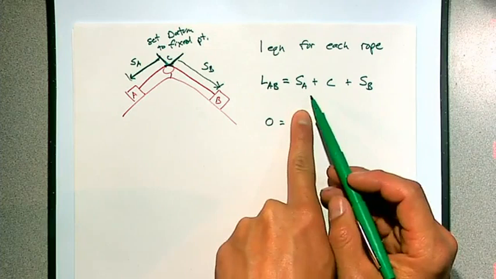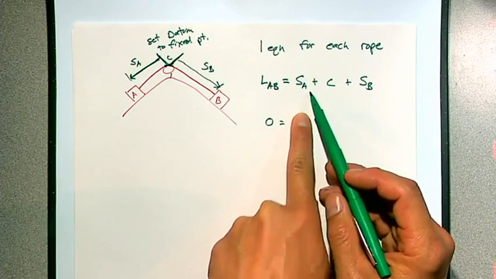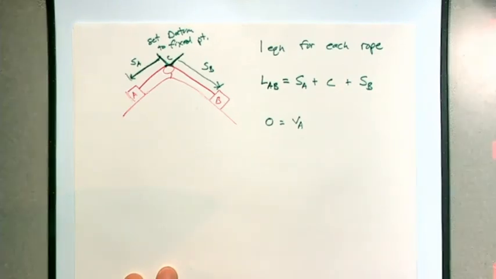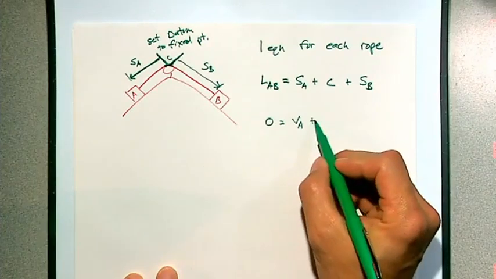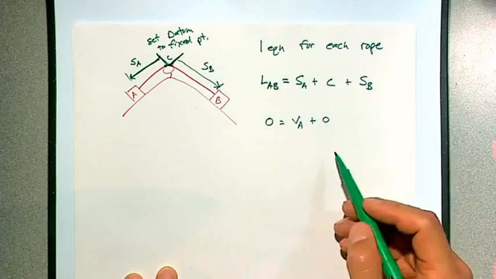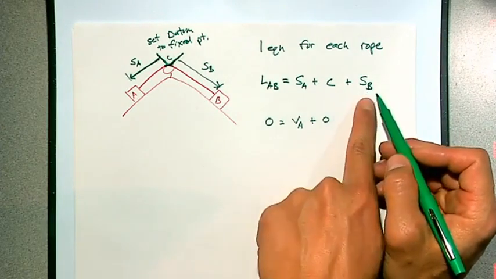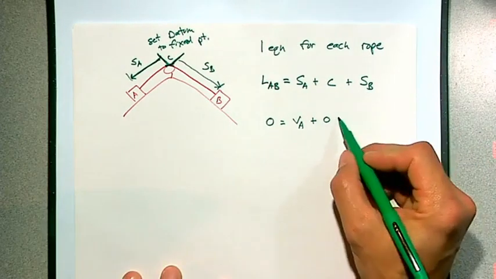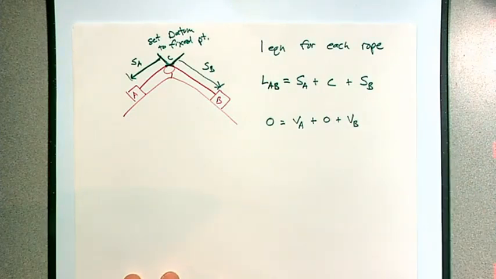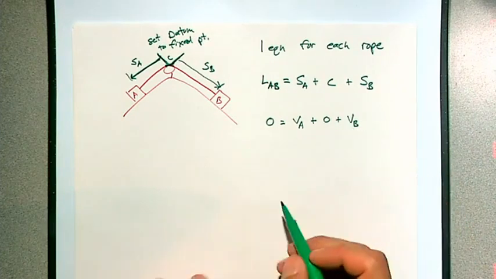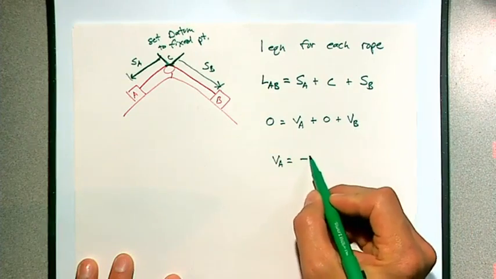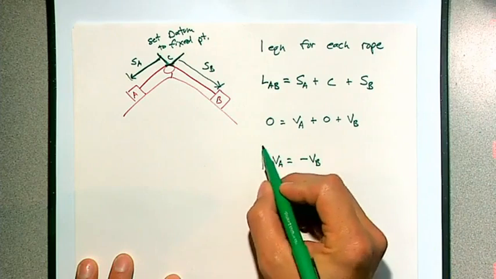Time rate of change of my position A, that's the velocity of A, plus the derivative of a constant, 0, plus the derivative of my position B is my velocity B. So what I get here is that my velocity of A is equal to the opposite of my velocity of B.